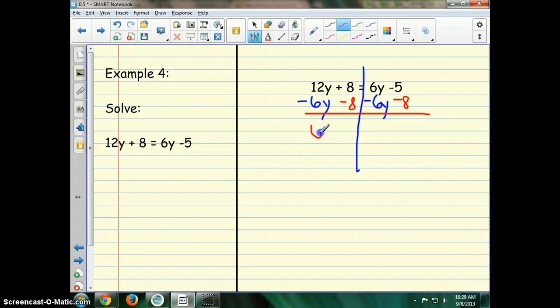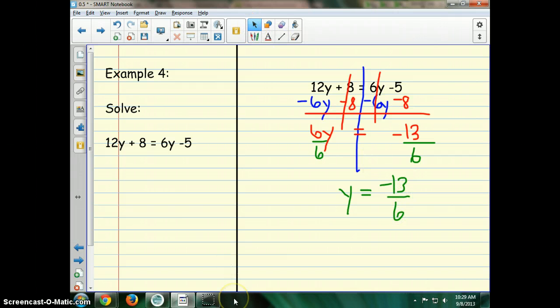So I'm left with 6y. The 8's cancel here, equals, the 6y's cancel. Negative 5 minus 8 more is negative 13. And to get y alone, we need to undo multiplication by 6, so we'll have to divide by 6. So y equals negative 13 divided by 6.